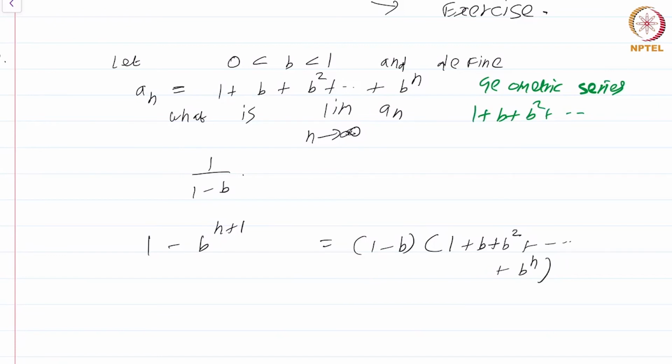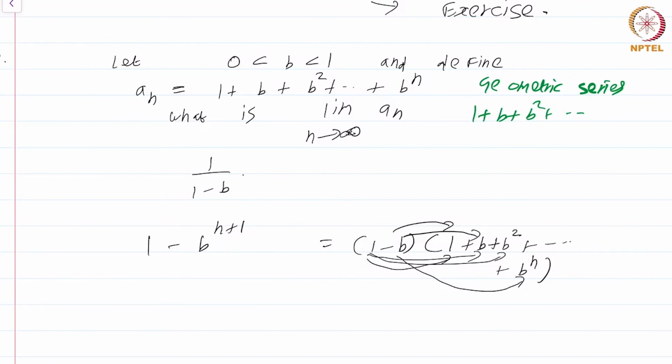Why is this correct? Well, there is a 1 accounted for by 1 into 1. Then the minus b^(n+1) is accounted for by this product. What happens is that for all the intermediate terms, b comes once as positive and once as negative. b squared comes once as positive and once as negative. Everything else just cancels off. So 1 minus b^(n+1) is equal to (1 minus b) into (1 plus b plus b squared plus dot dot dot b^n).